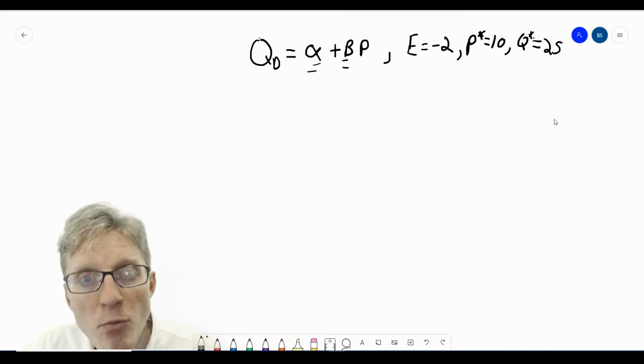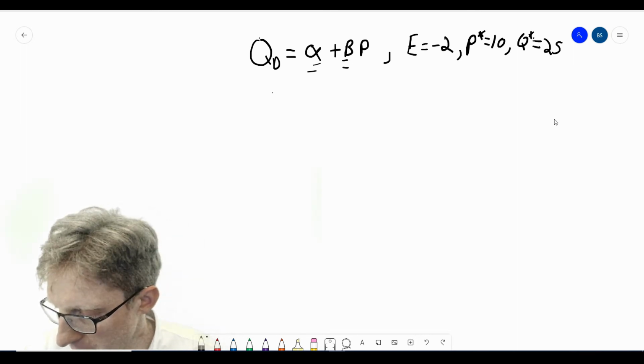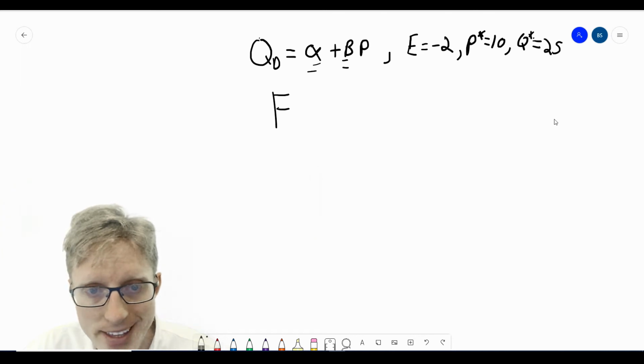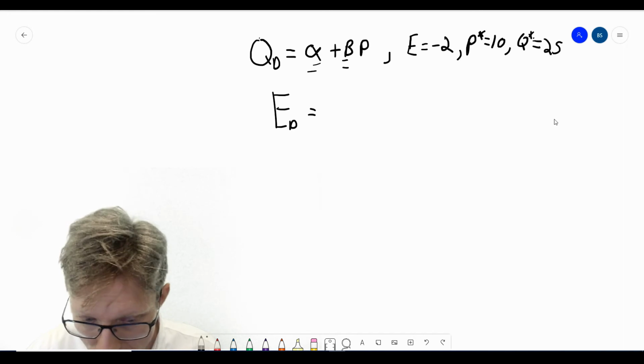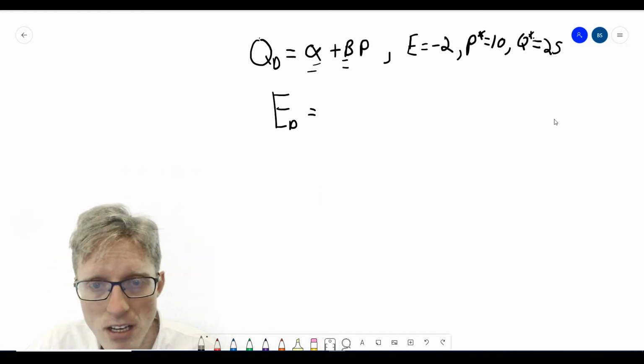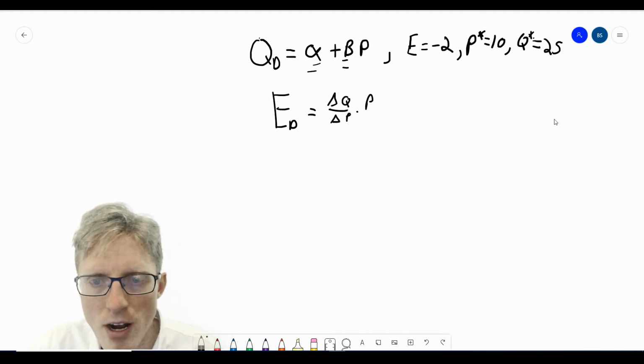Let's start by writing down the formula for the elasticity of demand. The elasticity of demand is equal to change in Q over change in P times price over quantity.